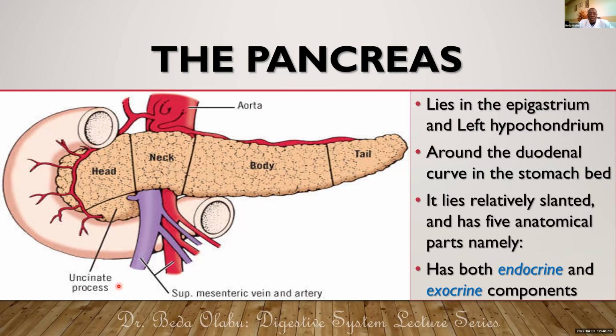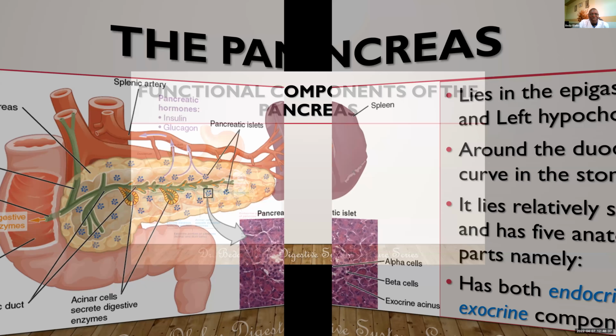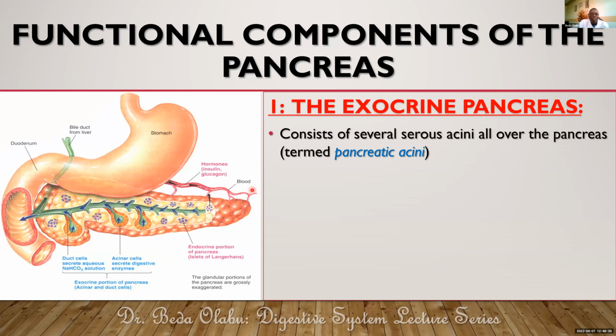In terms of function, the pancreas has both endocrine and exocrine components. The exocrine component releases secretions into the ductal system. As we said when we were starting, the endocrine component releases secretions into the bloodstream. Let's talk about the exocrine pancreas.